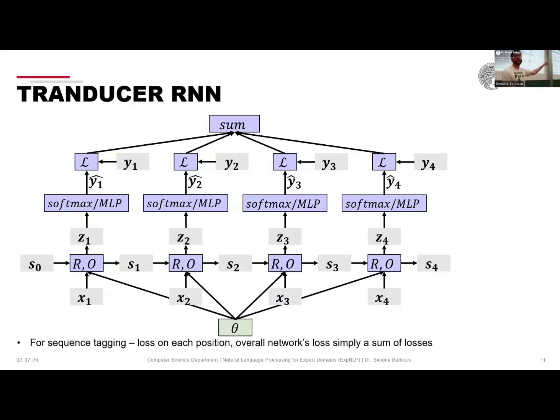There are not 4 cells. There is 1 cell that gets applied over and over. If you ask me to calculate how bad I am at tagging a sequence, not a word, a sequence, I want to see everything, right? Because then I want to backpropagate to my parameters something which tells me something about the whole sequence. Does that make sense intuitively?